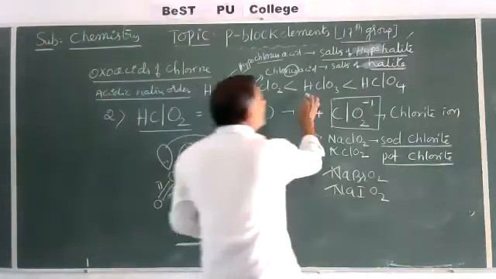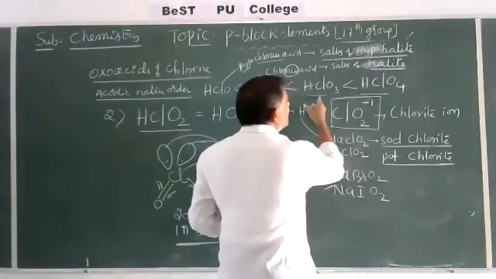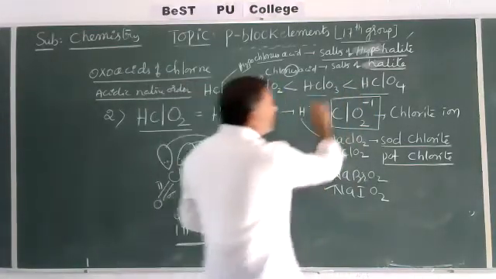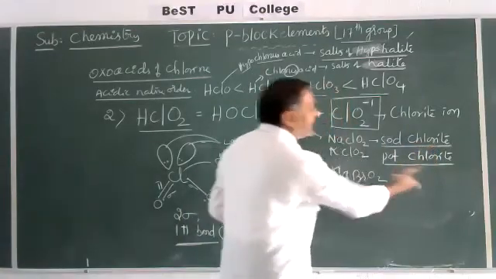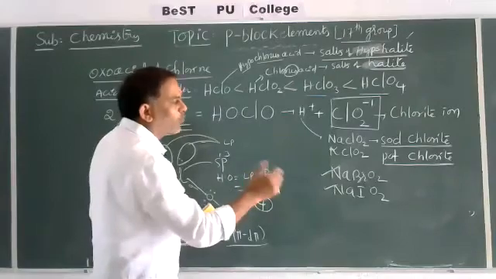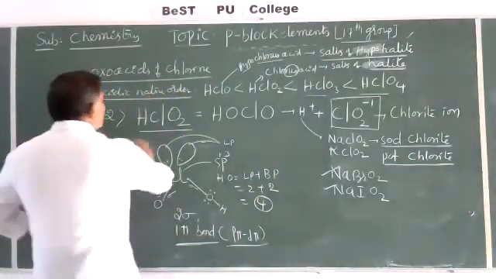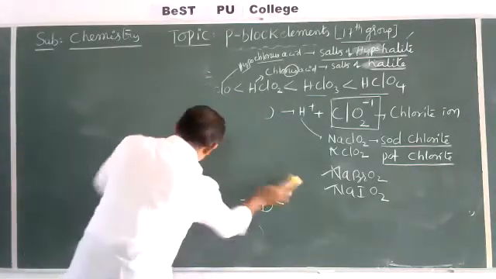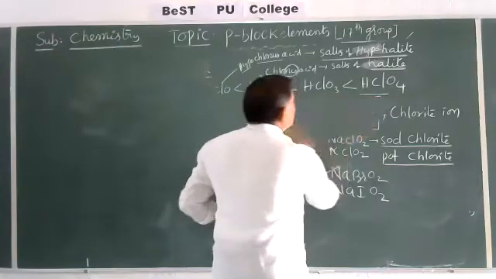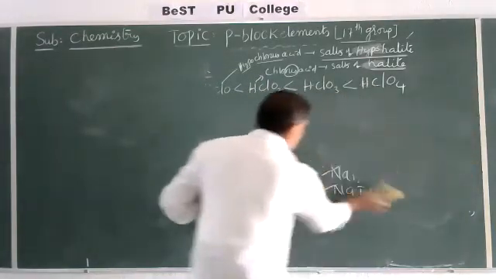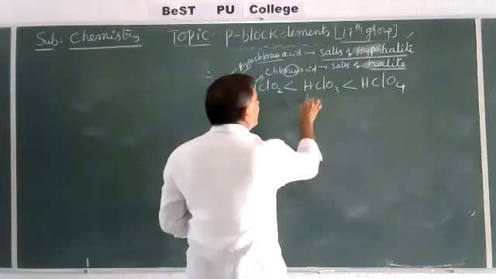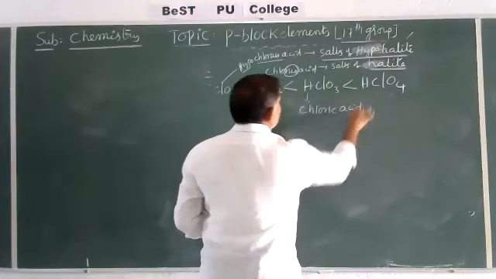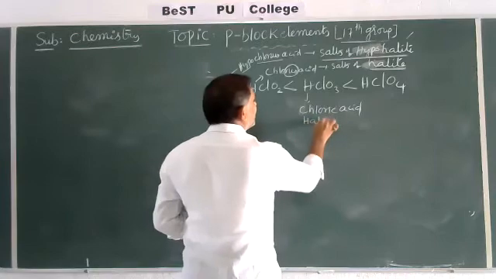These remaining two are chloric acids. This is chloric and perchloric, both are ic only. So for ic acids, instead of ITE we get ATE: chlorates, bromates, iodates. The next important compound among the oxoacids of chlorine, the third one, is chloric acid, under the name of halic acid.